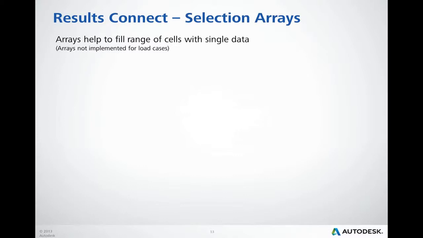There are some hints, because as the formulas work on a single object selection, to be able to automate work with Results Connect and Robot, arrays are implemented.